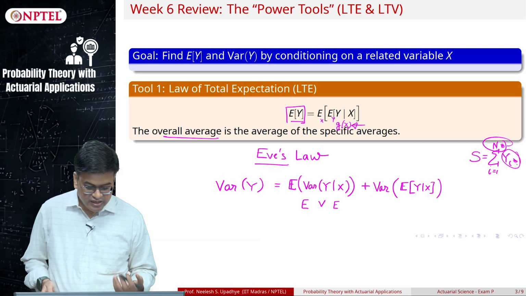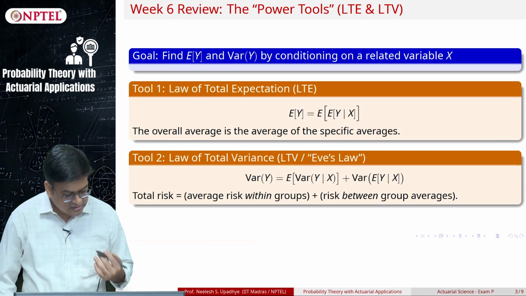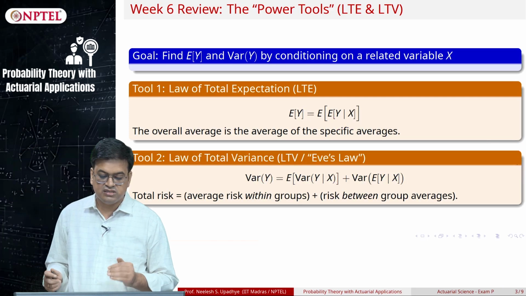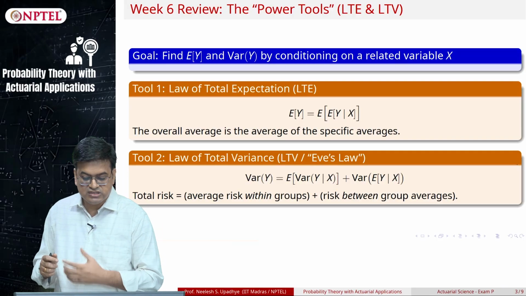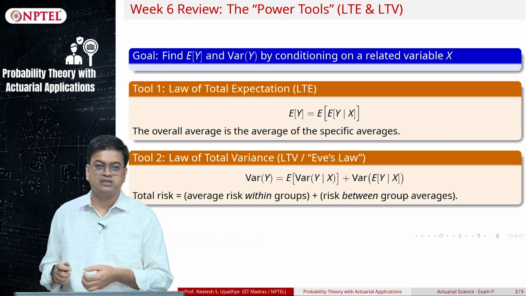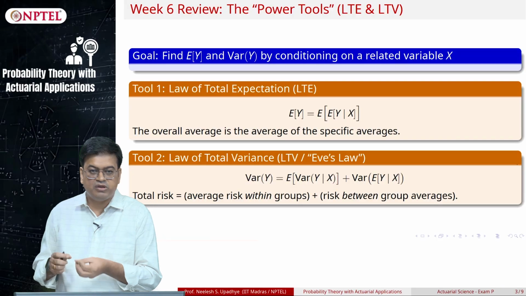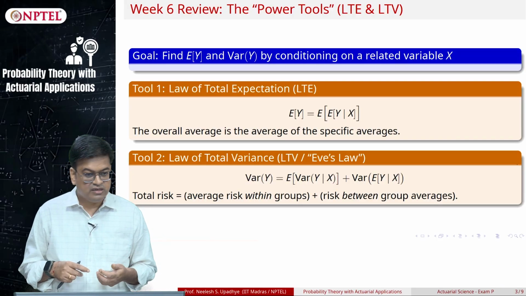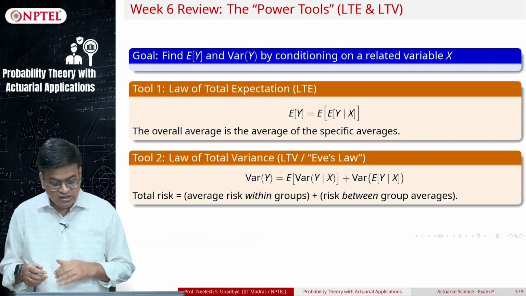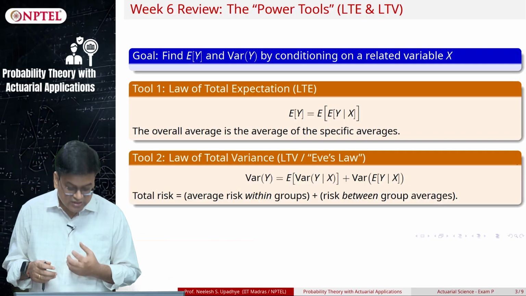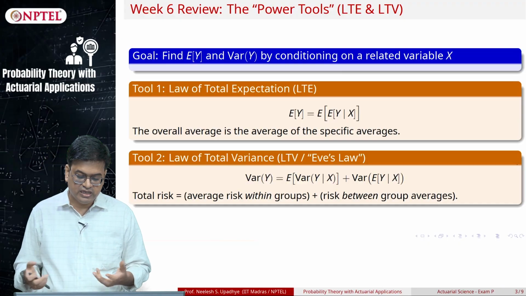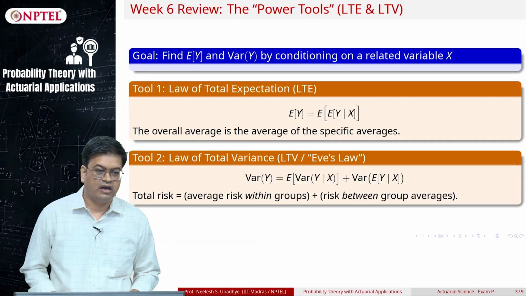So we can easily see that this first term is actually the average risk within the groups, the variance of the individual random variable y given x, and then I take expectation of that, and the next one is the risk between the groups. So within the group, it is the risk or variance that you are trying to average out.